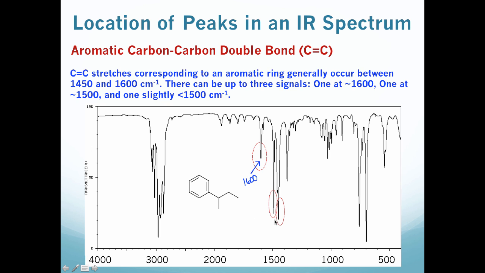Then you'll have one right at about 1500 wave numbers. And then you can have one just less than 1500 wave numbers. Now sometimes this last one, right below 1500 wave numbers, is hard to see. So you should look for 2 to 3 peaks indicating an aromatic ring.